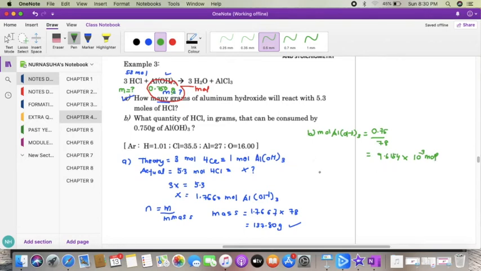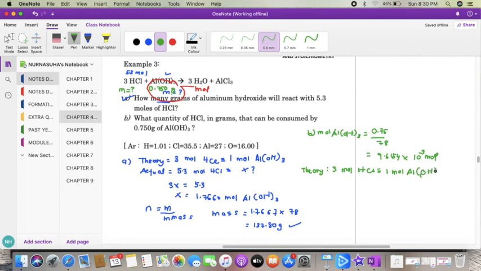Okay, so now by using stoichiometry, according to the equation, 3 mole HCl akan bertindak balas dengan 1 mole aluminium hydroxide.